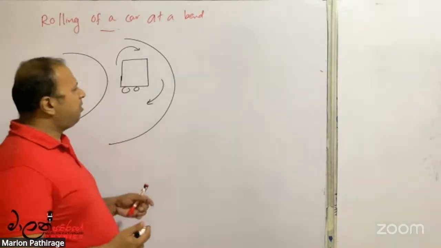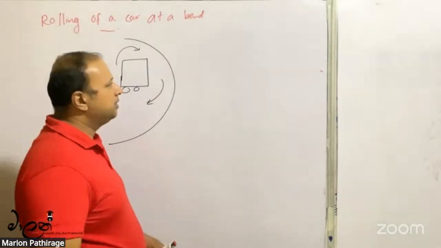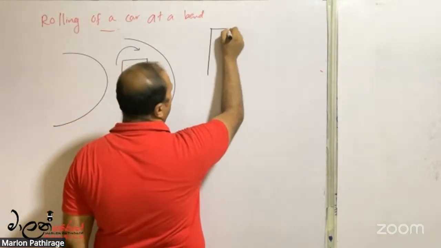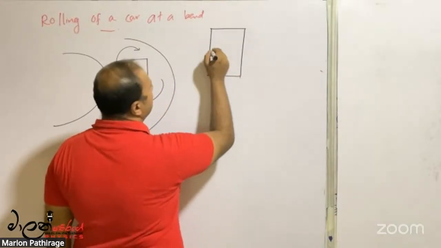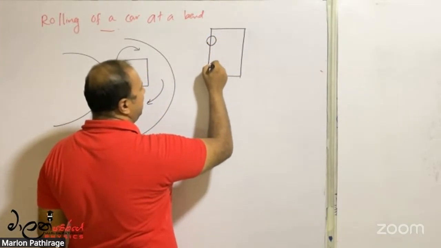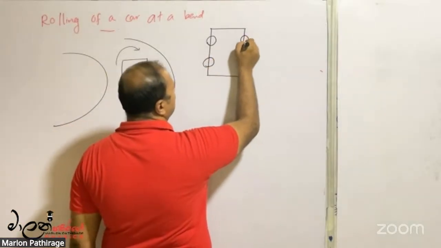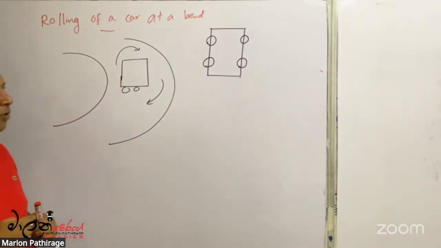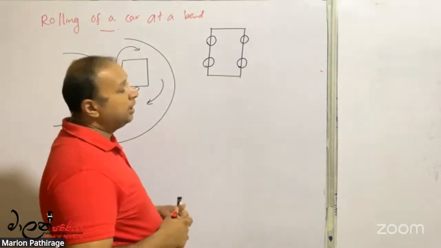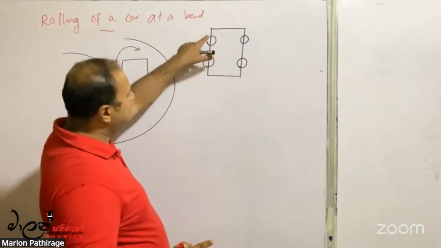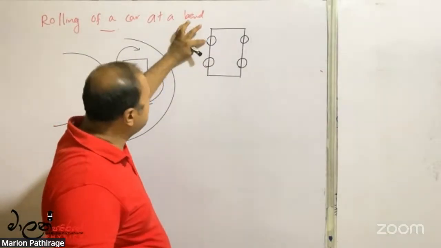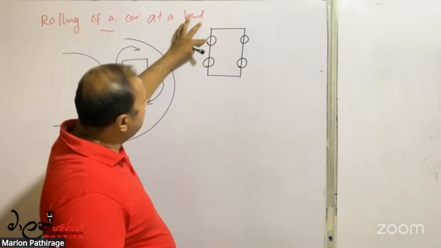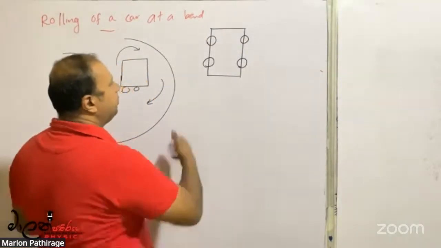If we consider the plan view of the car, now this is our car. There are 4 tires. Here there's one tire, here there's another tire. If we consider the reaction between each tire and the road, it will be perpendicular to the surface.